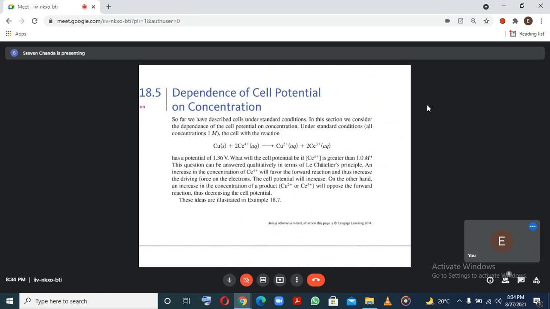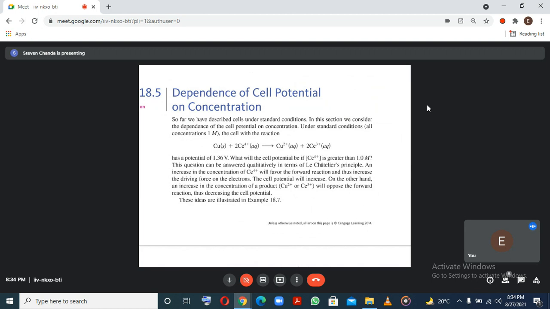Now, if we increase the concentration of that reactant, you've seen those curly brackets signify concentration. I'm sure you've done equilibrium. So those curly brackets there, they mean what?